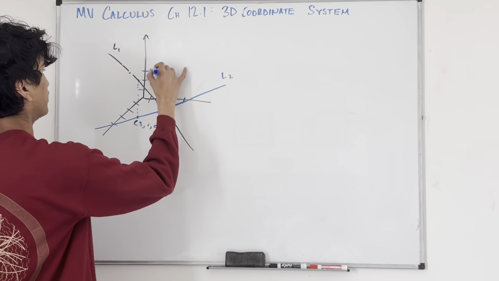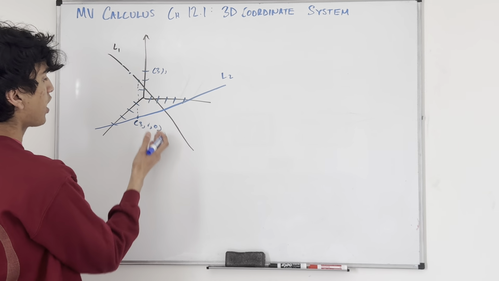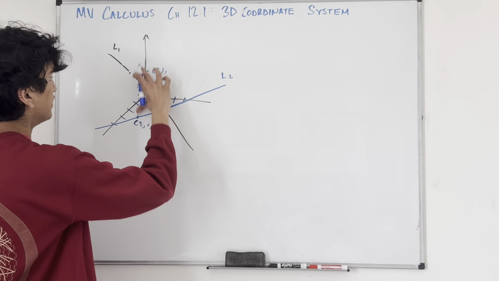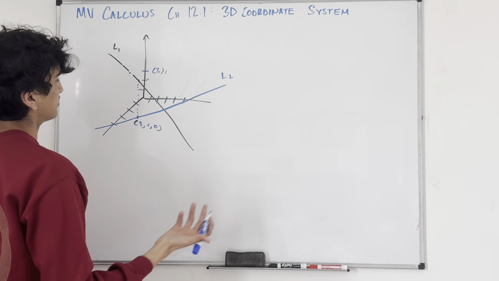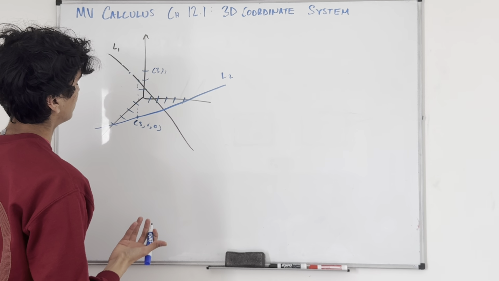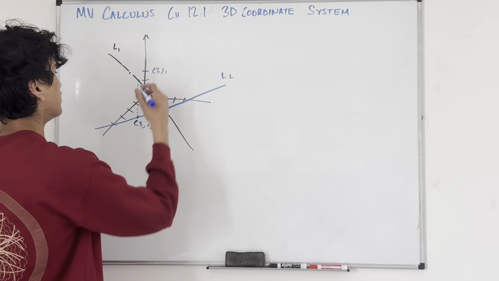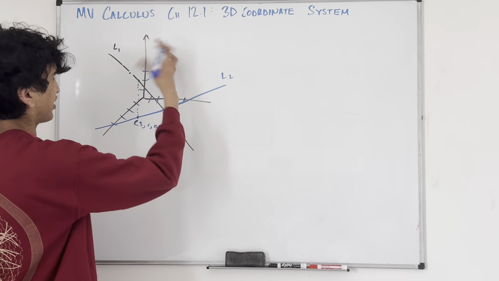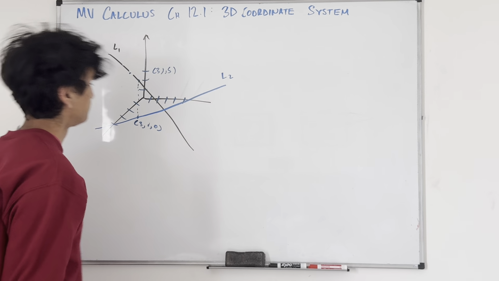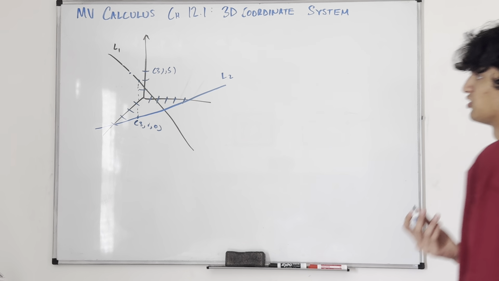So the actual coordinate will be 3, 1, and then whatever we can estimate for the z value, which I guess is maybe 5, I don't know.